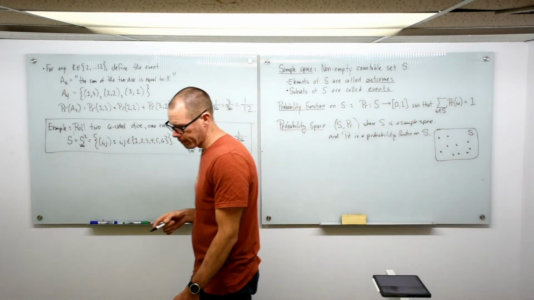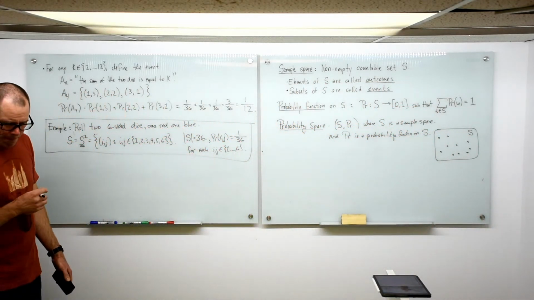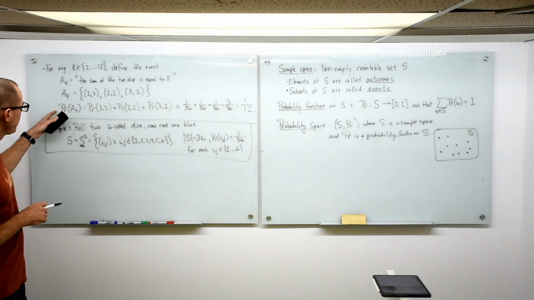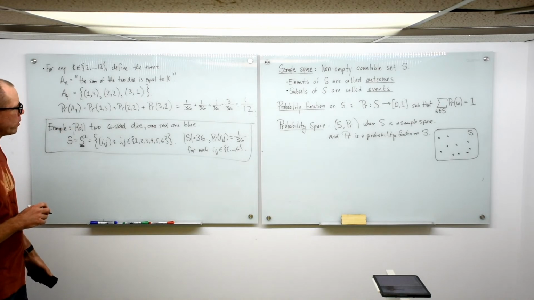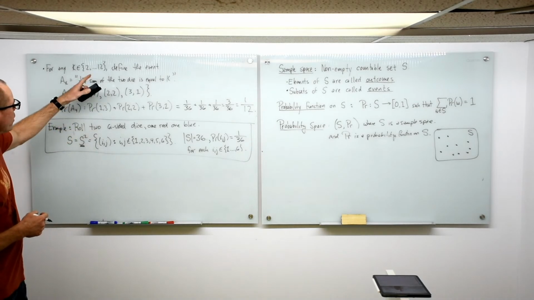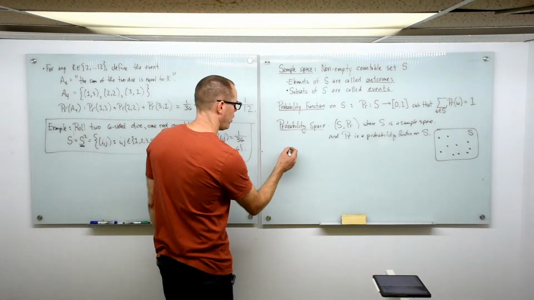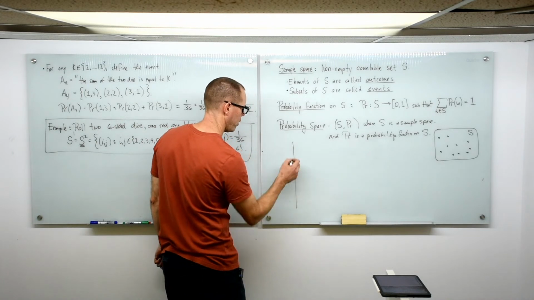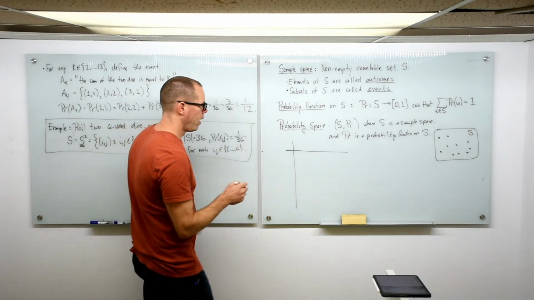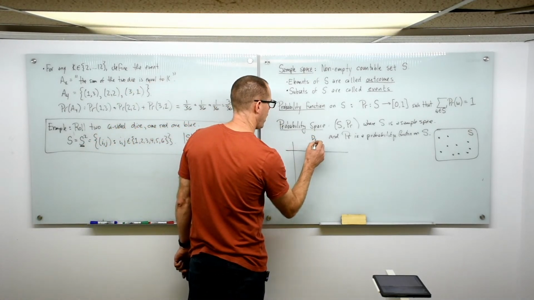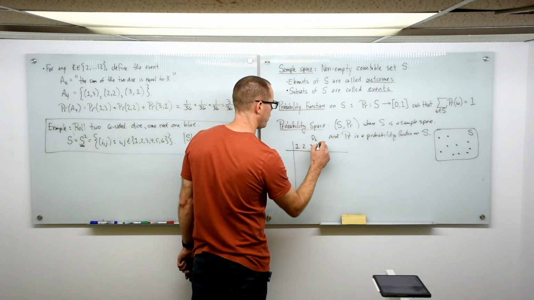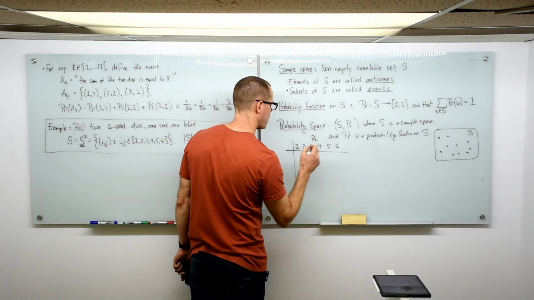What about different values of k? What about A1, A2, A3, A4, and so on all the way up to A12? There's no A1, so we start at 2. For that, we can draw a table. We have the first die that we roll, let's call it D1. It can take on any of the values 1, 2, 3, 4, 5, or 6.